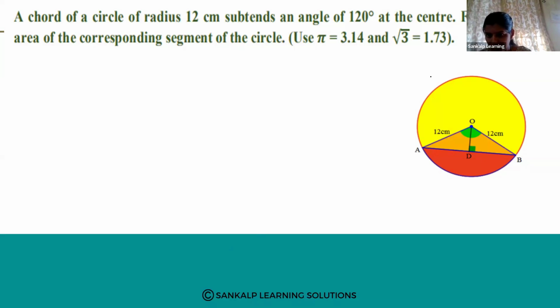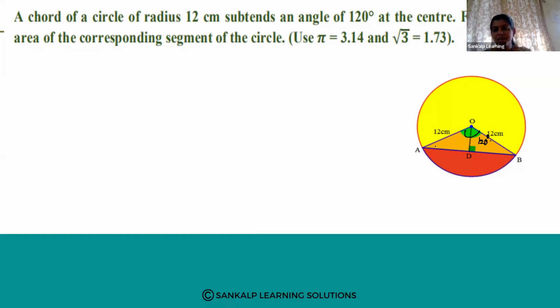That means if you take one circle, it makes an angle of 120 degrees at the center, and the radius is 12 centimeters. We find the area of the corresponding segment of the circle. So this part is the segment whose area we are going to find.